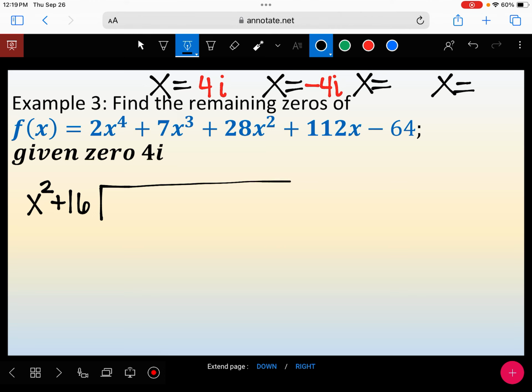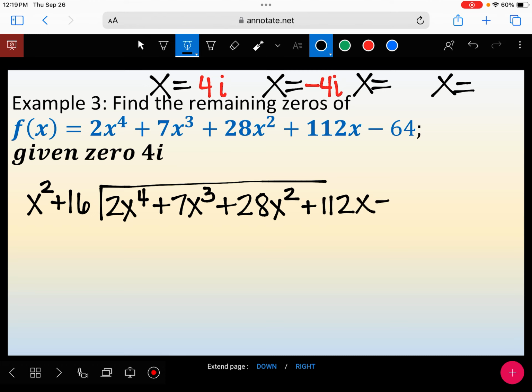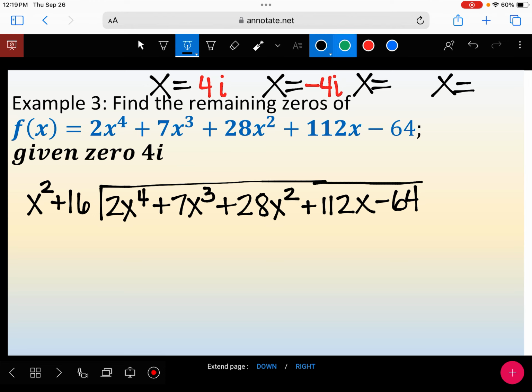And then I'm going to set up my little division problem. This time I'll be careful to make sure I don't write it wrong. So you always start off by dividing the first by the first.